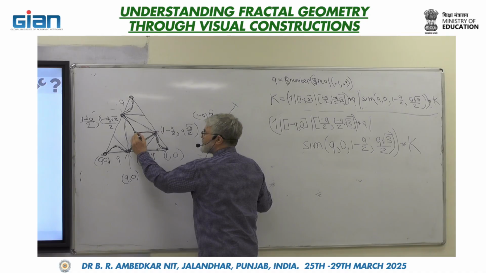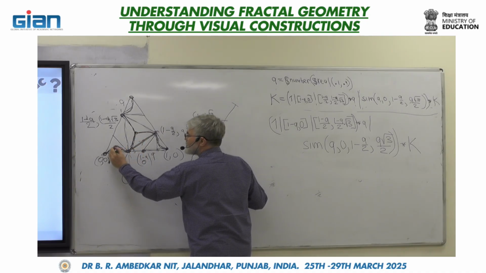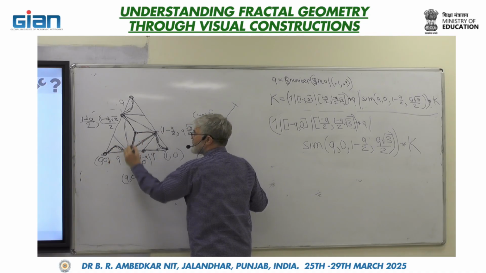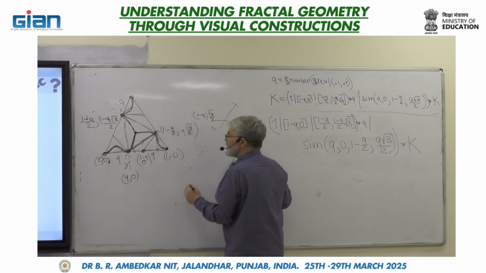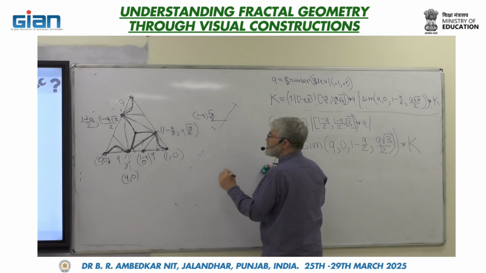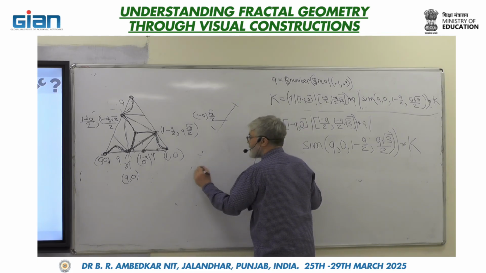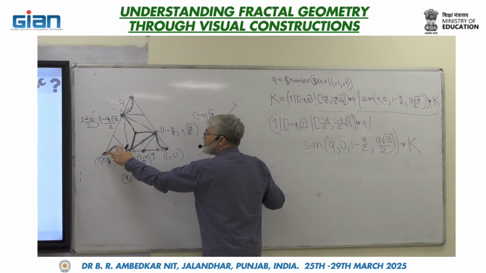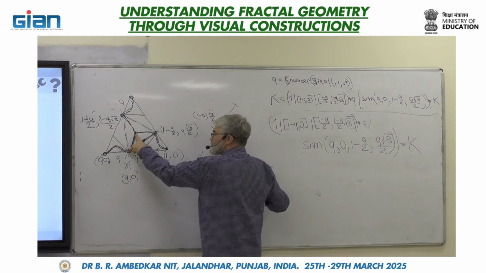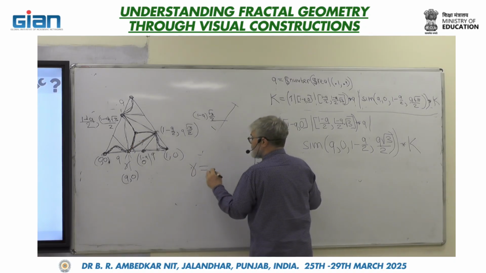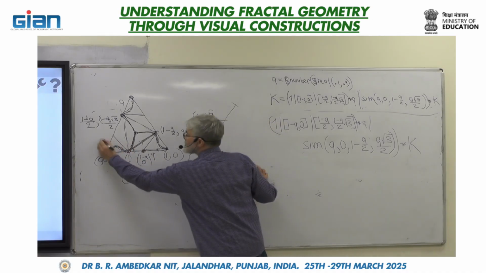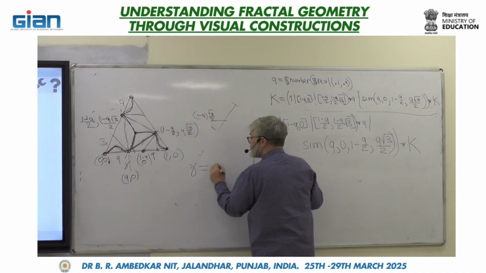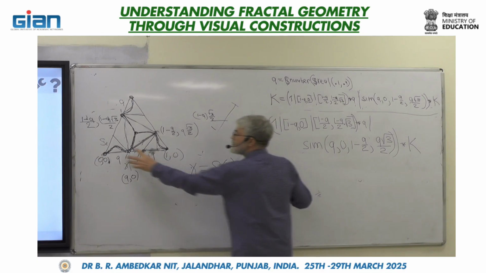Let this curve be denoted by gamma. Then gamma is equal to one image of gamma, second image of gamma, and third image of gamma. Yes? So if this is S1, gamma will be equal to S1 of gamma, right?